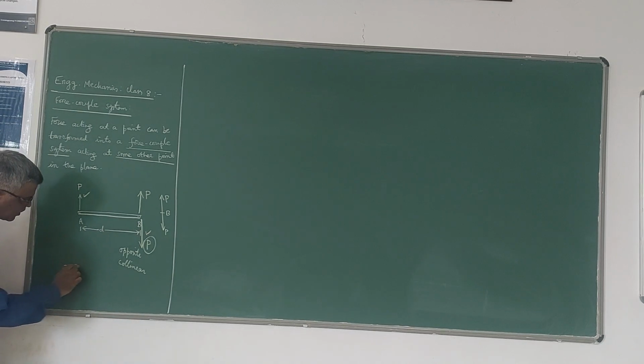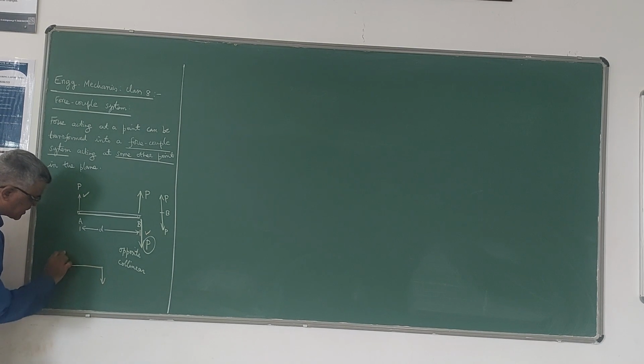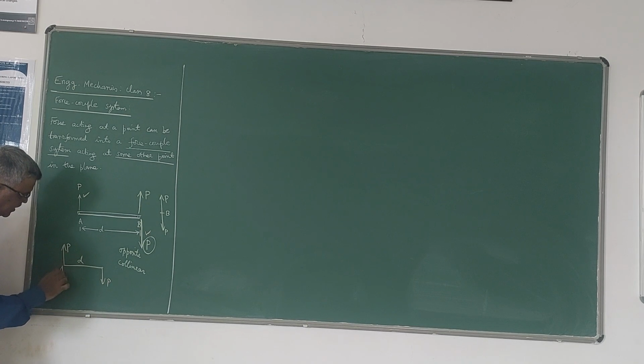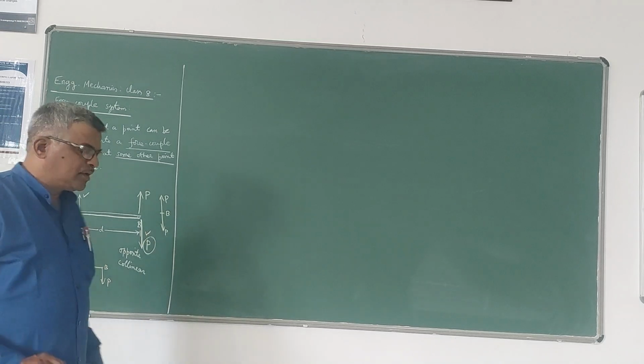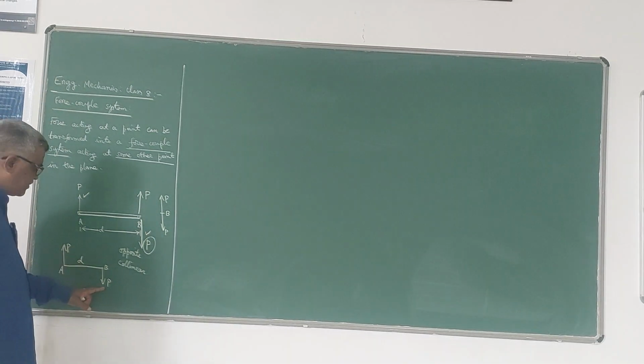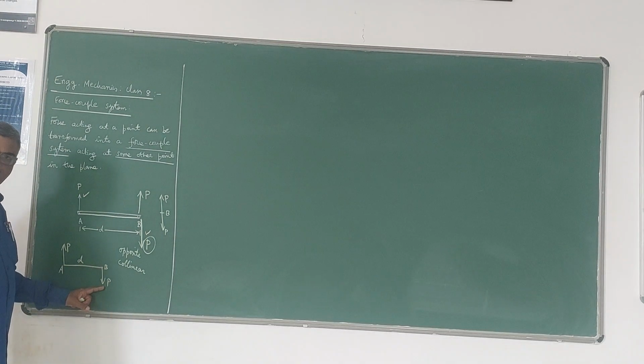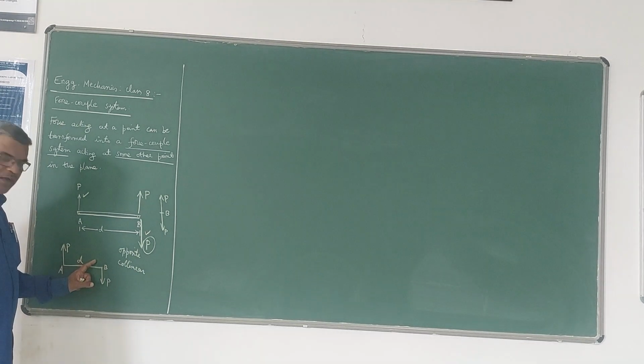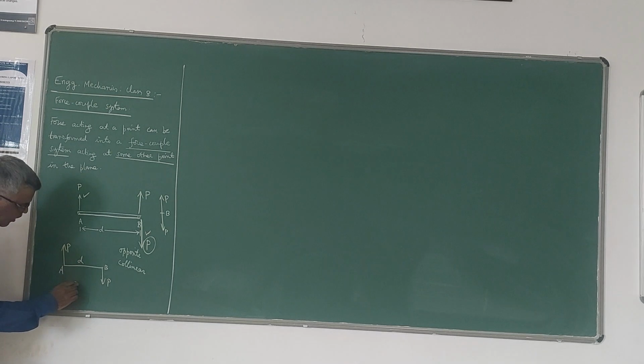If you combine those two forces, P separated by distance D, according to the definition of a couple, these two form equal, opposite, parallel forces separated by distance D. That means this gives a couple of magnitude P into D.